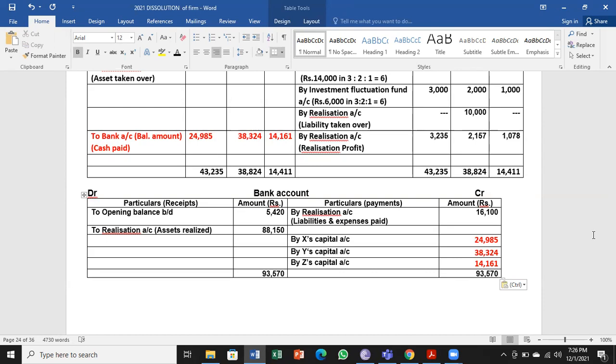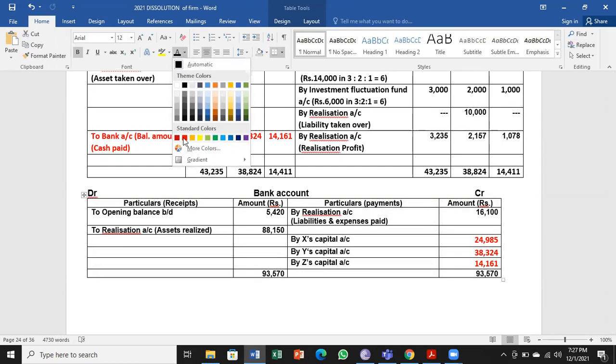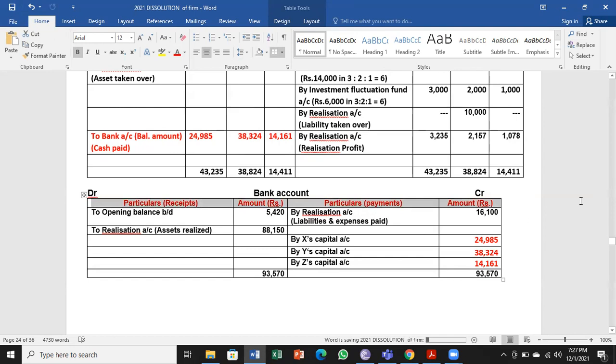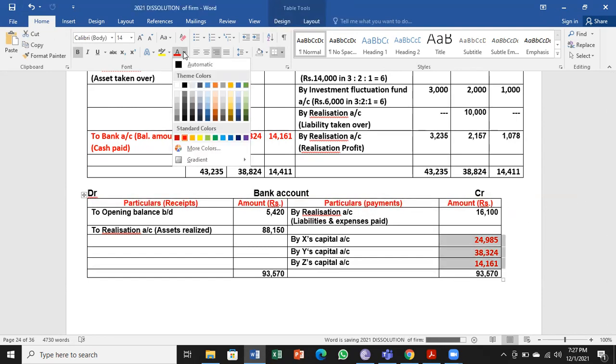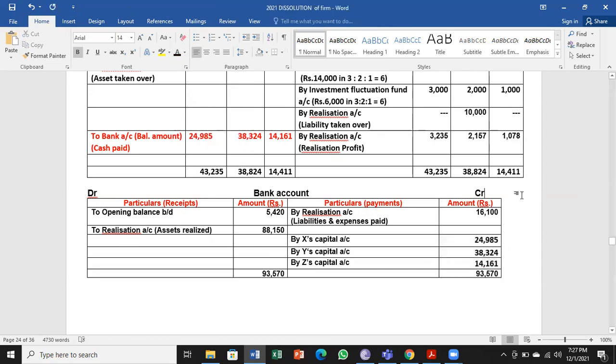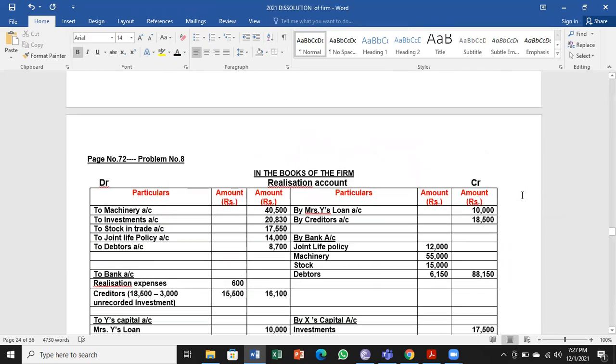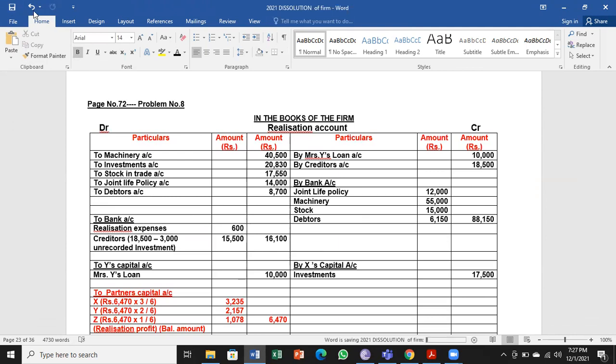Yes, sir, it is tallying. Same amount on both sides, 93,570. That means the amount received by the business has been utilized for payment of liabilities and to the partners. So the answer is right for problem number 8, which we have done.